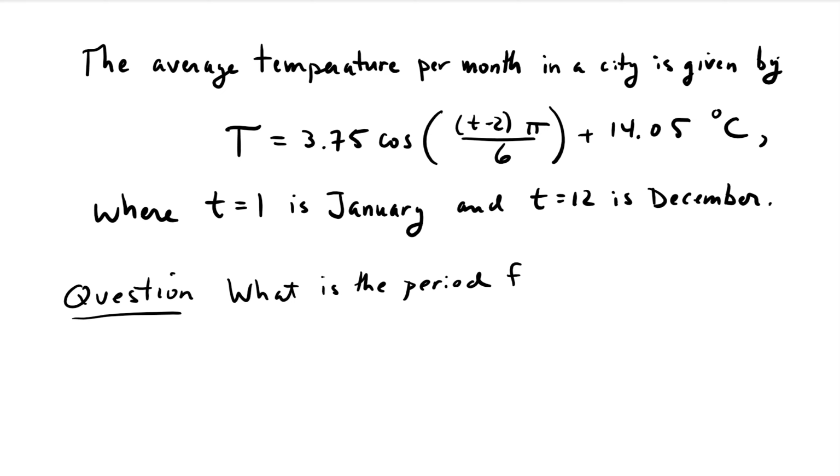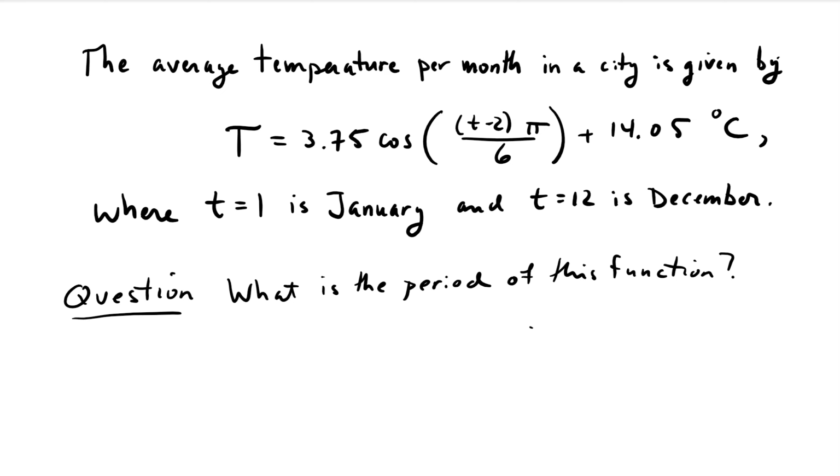What is the period of this function? Sine and cosine have a period of 2 pi, but that's if we had cos of t or sine of t. Here, inside we have t minus 2 times pi over 6.